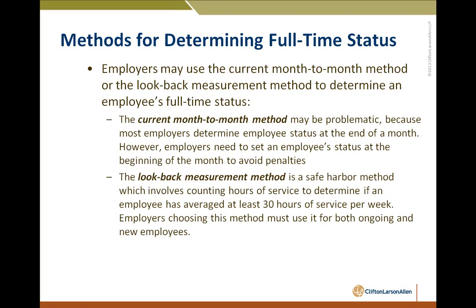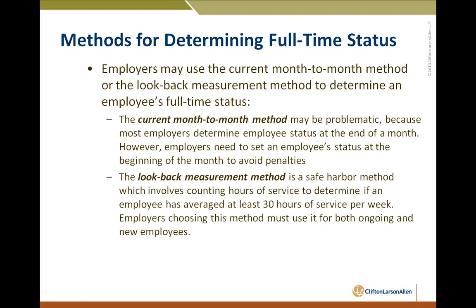So one way you could say is a month-to-month method, where you just say, this month we have 60 full-time employees, next month we have 50. You can go month to month, but that really is problematic because you don't want to have to be offering coverage or enrollment every month, and you can't really say, this month they worked over 30 hours, but next month they're under, so I'm going to drop their coverage.